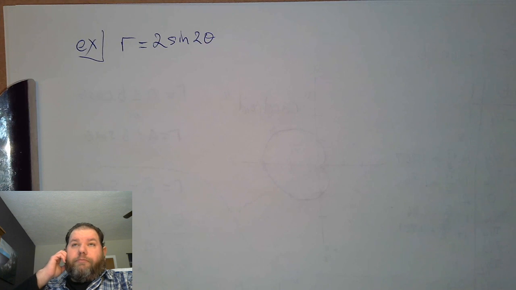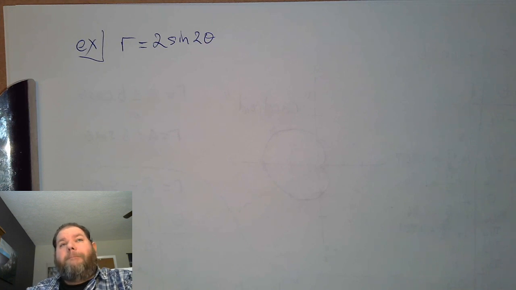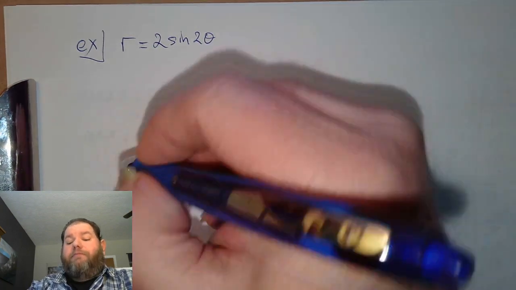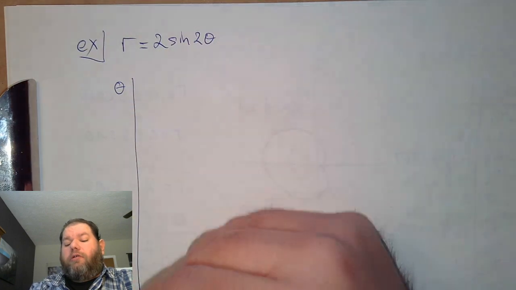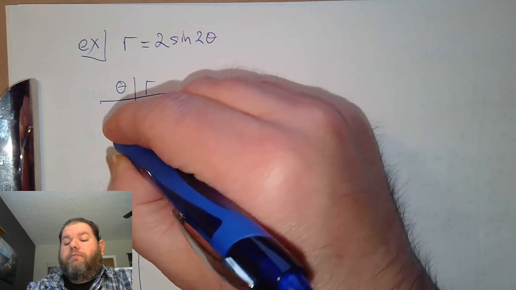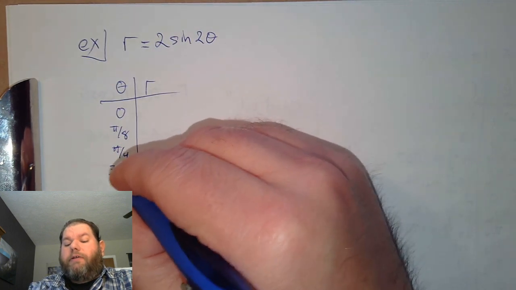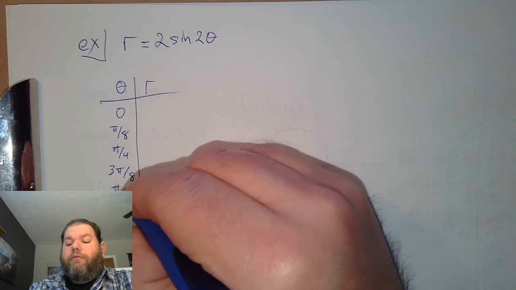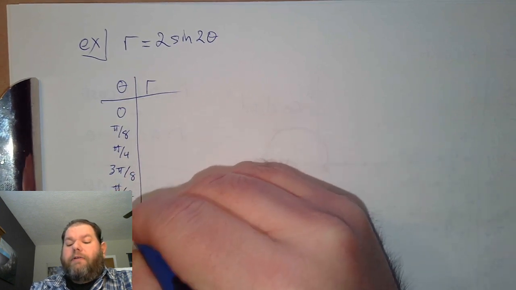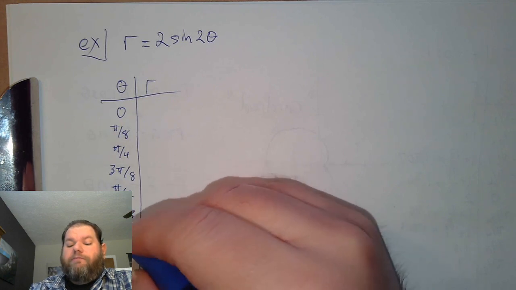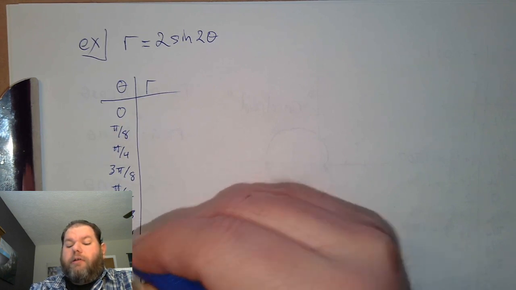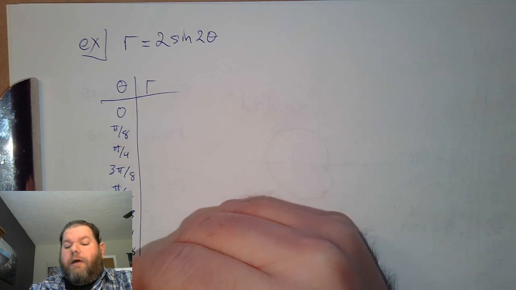Anyway. What I'm going to do, because we have 2 times theta, is count by pi over 8s. 0, pi over 8, pi over 4, 3 pi over 8, pi over 2, 5 pi over 8, 3 pi over 4, 7 pi over 8, pi.